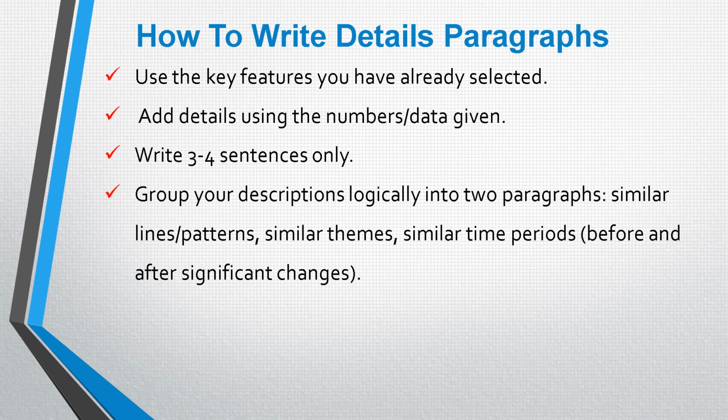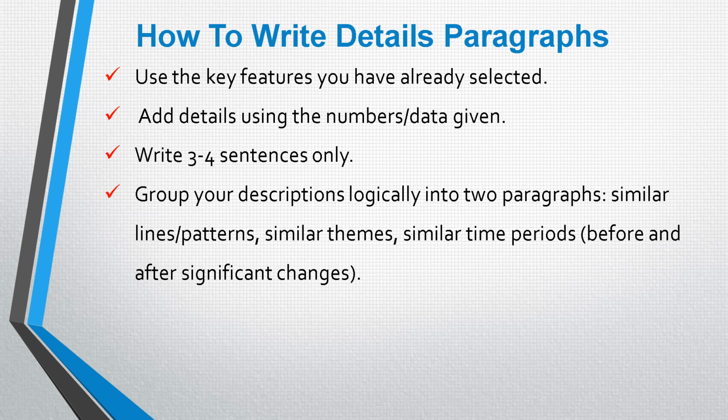So the two paragraphs could consist of similar lines or patterns, similar themes, similar time periods, or before and after significant changes. And for maps and processes, that's maps and flowcharts, we'll do a separate video on how to do those. So don't worry about those for the moment.